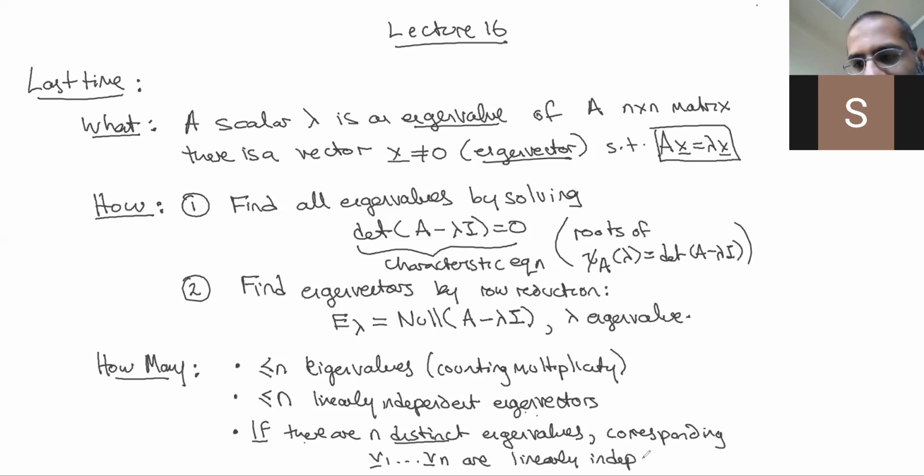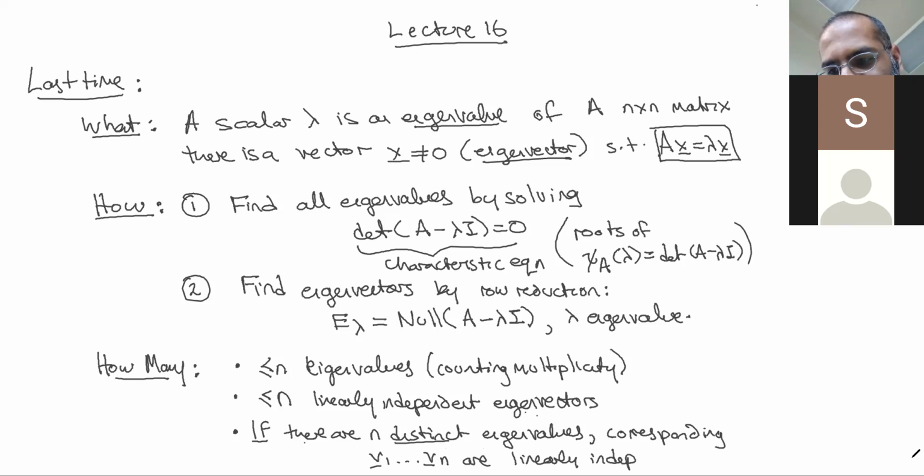Okay, so it looks like there's one question. Hi. So why is it only n by n matrices that this applies to? Okay, that's a good question. Well, the reason is, just look at this equation, right?